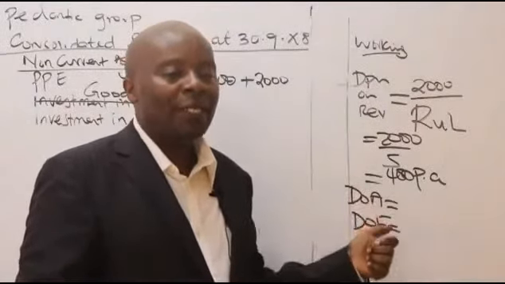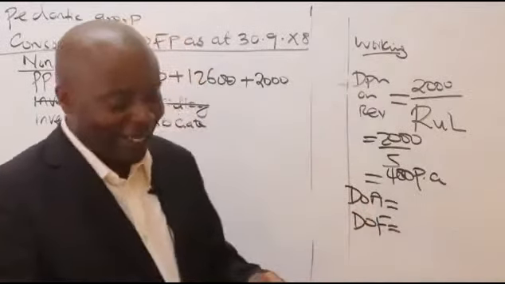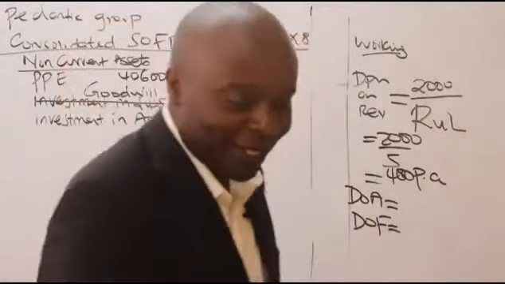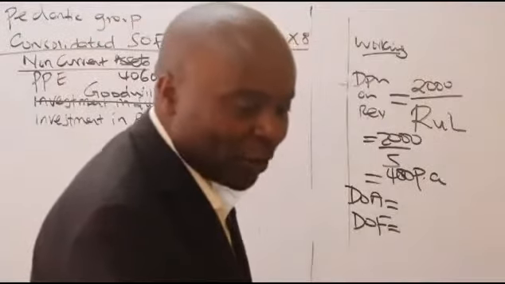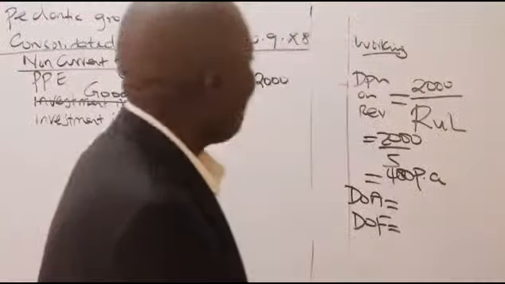DOA means date of acquisition. When was this subsidiary acquired? When you look at this place here, the DOA, on 1st of April 08, Pedantic was acquired. So this thing was acquired on 1st of April 08.